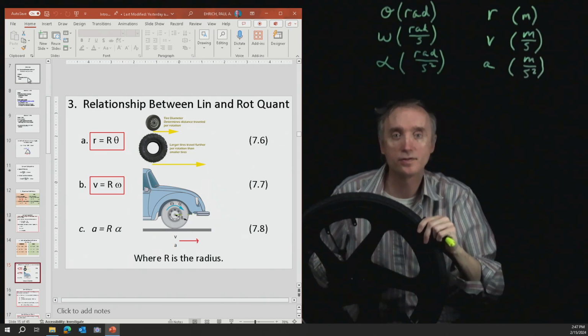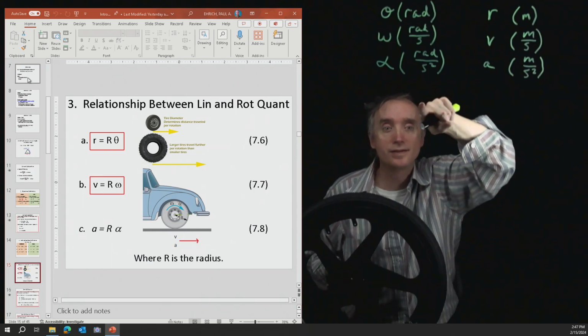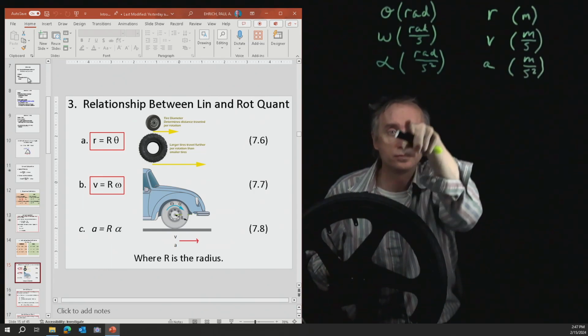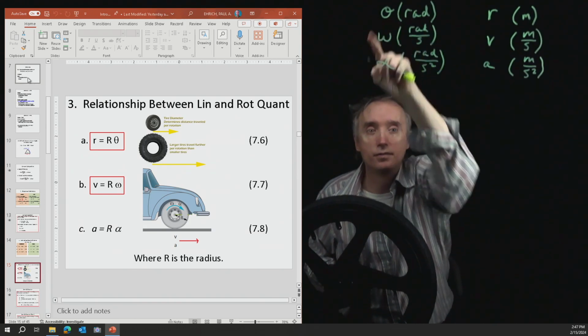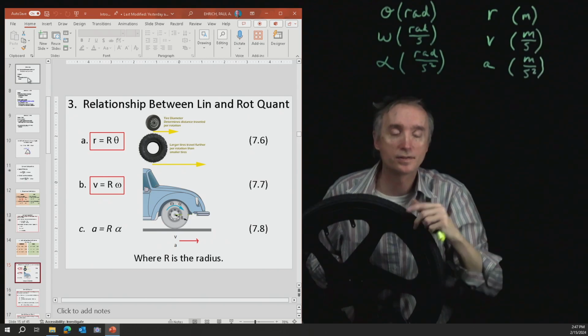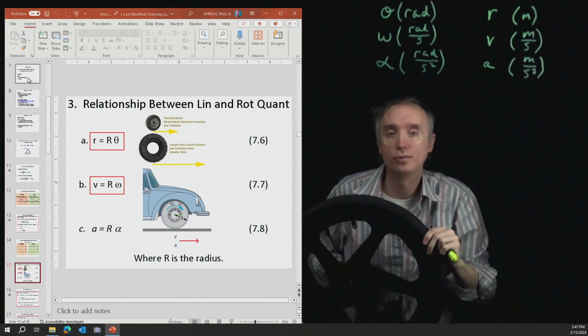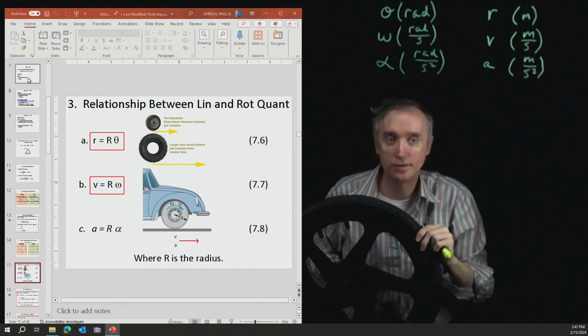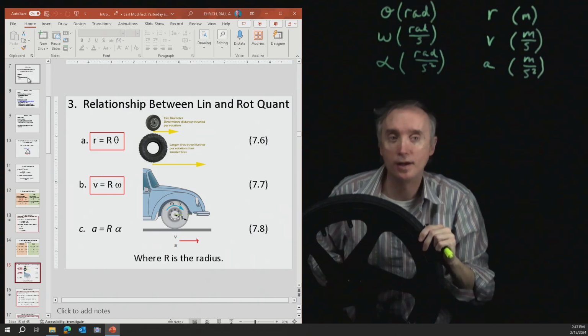The distance it travels sideways is going to be the letter r. The distance it rotates, one complete rotation, is going to be theta. So that's rotational distance. It's the angle through which the tire rotates. So the connector between the two is going to be the radius.